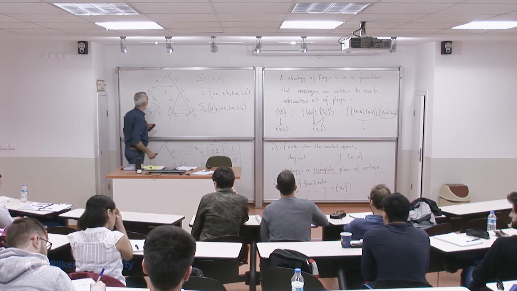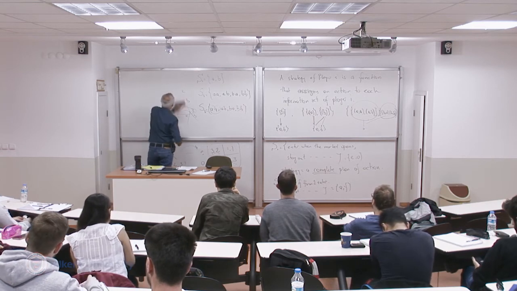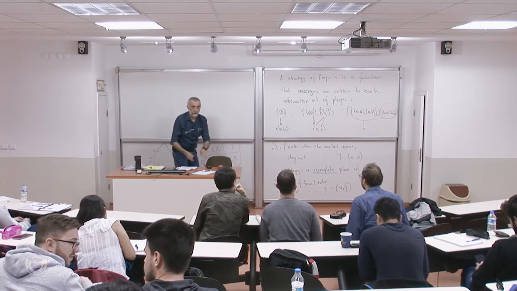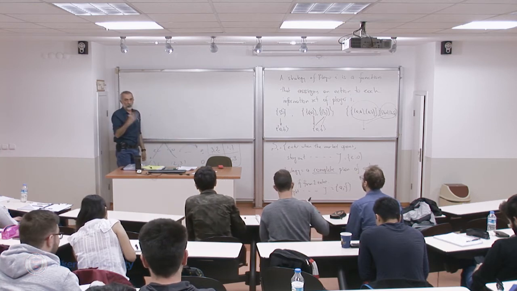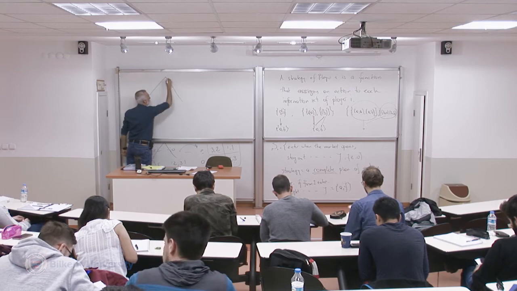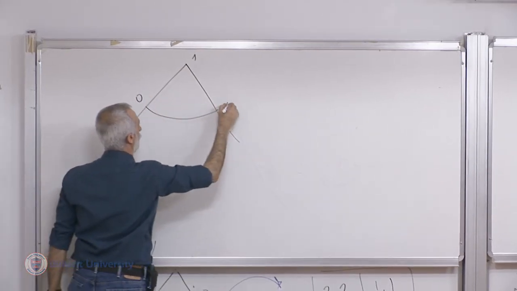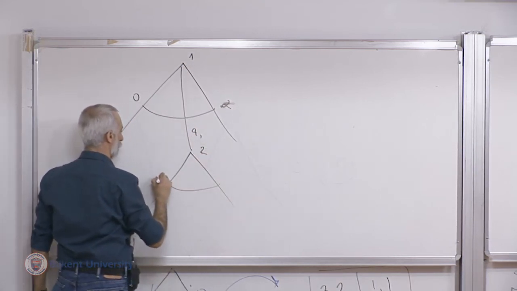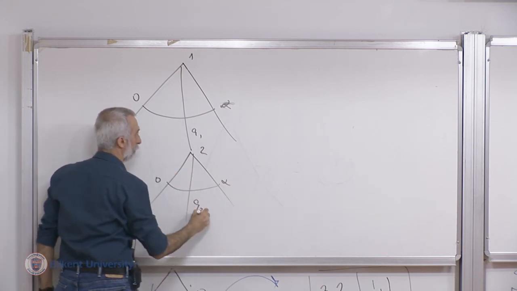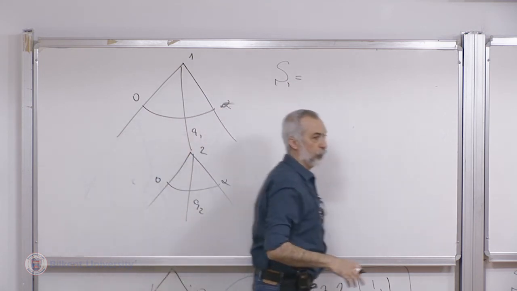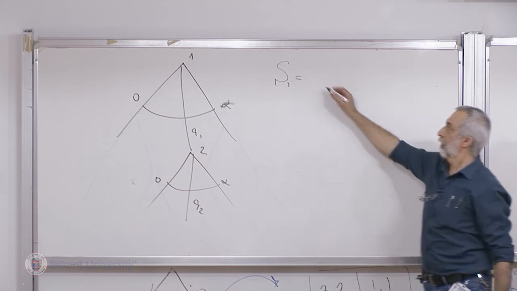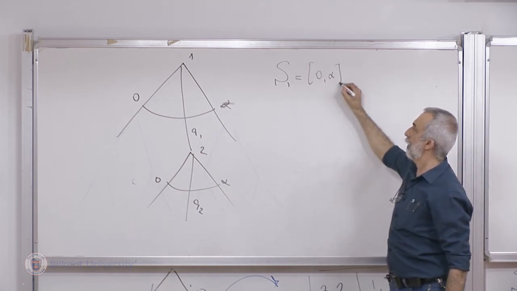Let's do some more examples. Let's do the Stackelberg. Zero to alpha. What is S1? It's the set 0 to alpha.